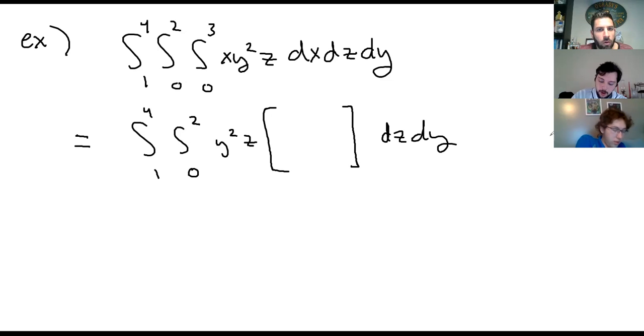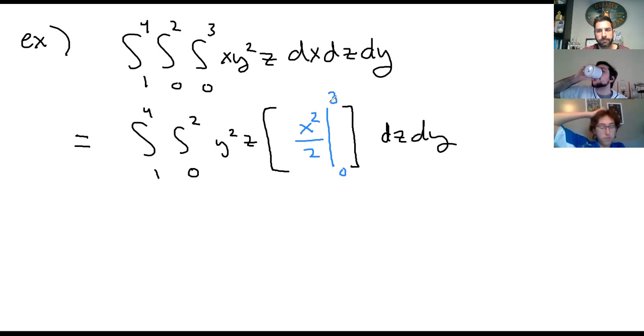The integral inside, since it's x, becomes x squared over 2, from 0 to 3. Again, I'm treating y and z as constants.